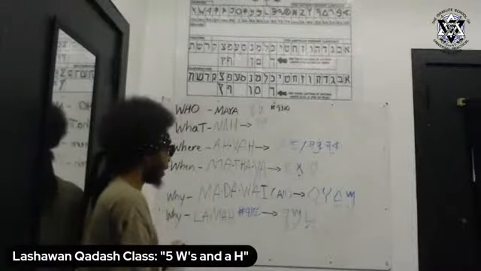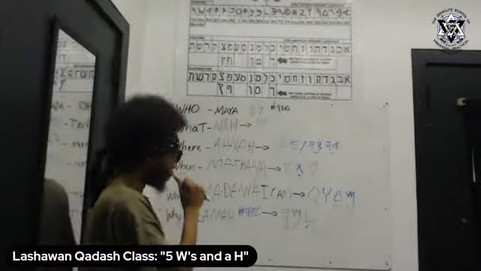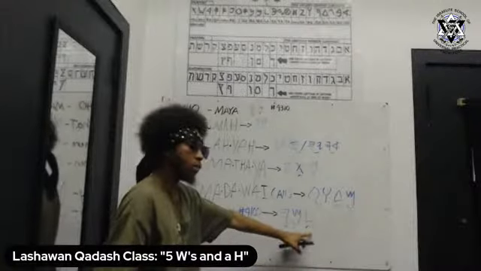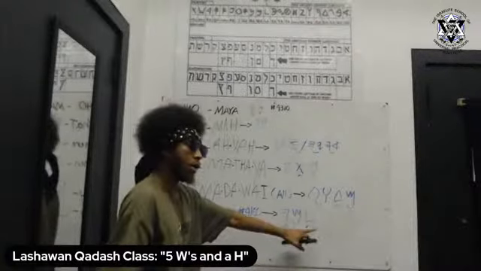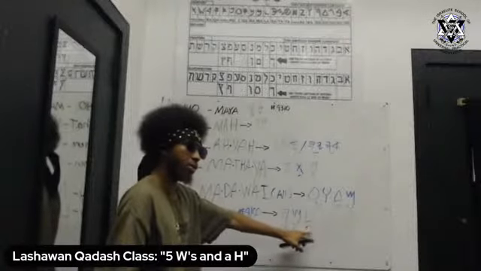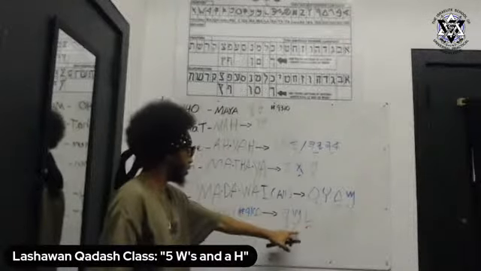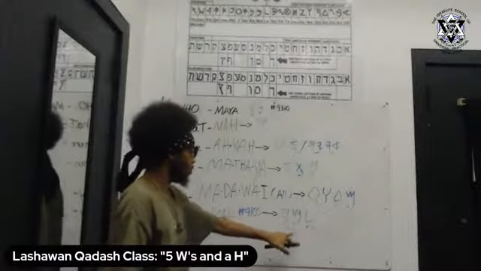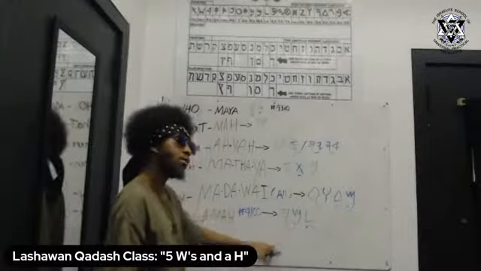So the last one, right? We got this right here, which is what? It looks exactly how it sounds. Yeah, right. Love. What is this? Love. But what is going on right here?